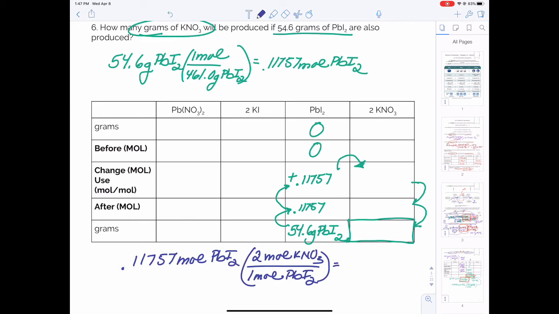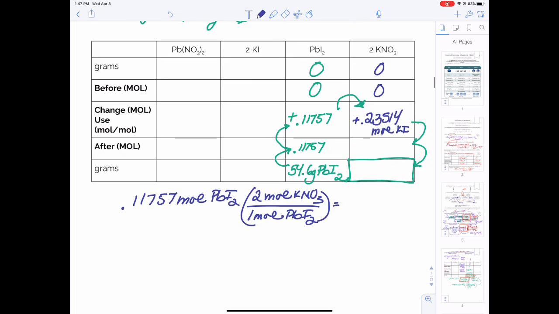So I just take that number and multiply it by 2, and that's where I get that when I start with no grams of potassium nitrate and no moles of potassium nitrate, I will increase by 0.23514 moles of, it's not KI, it's KNO3.